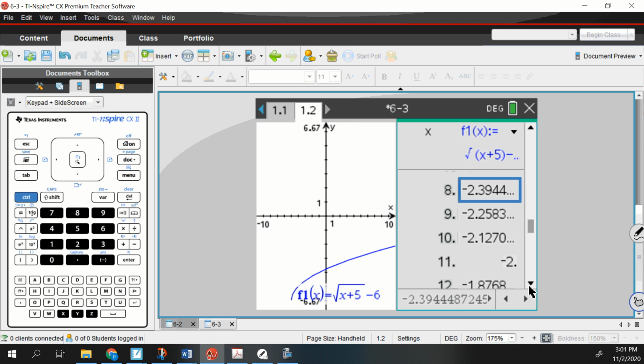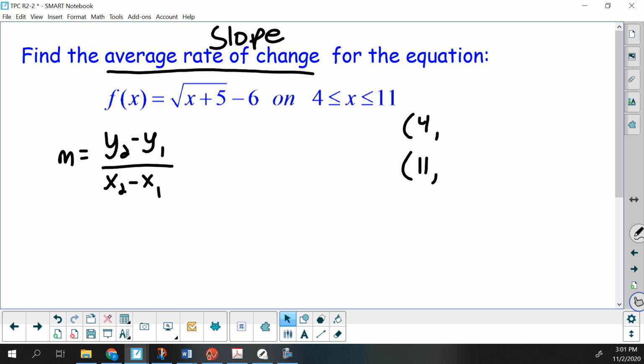So we'll go back to our points. And at 4, we have negative 3. And at 11, we have negative 2. So we'll just do our change in y over change in x now. So I'm going to start with negative 3 minus, now we'll have the other y value, negative 2, over.